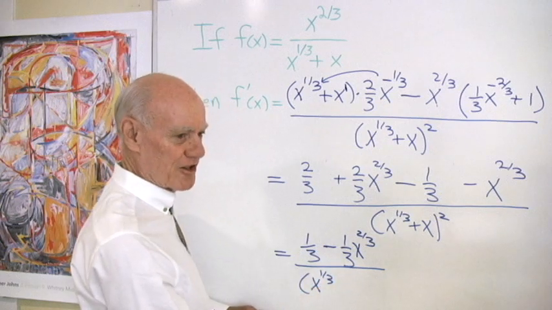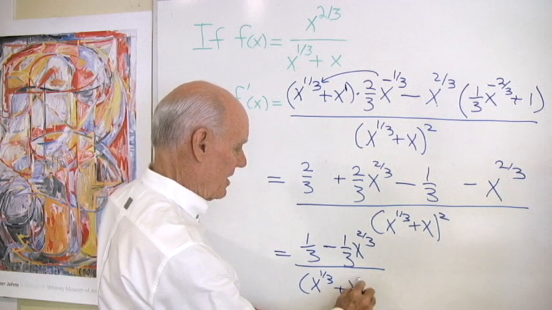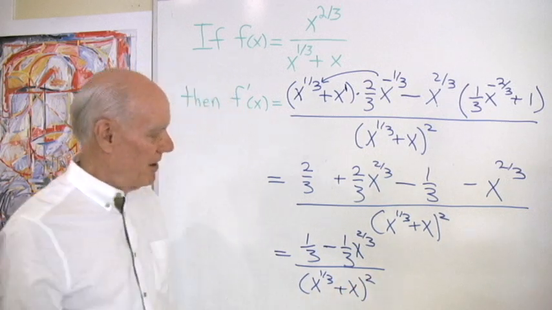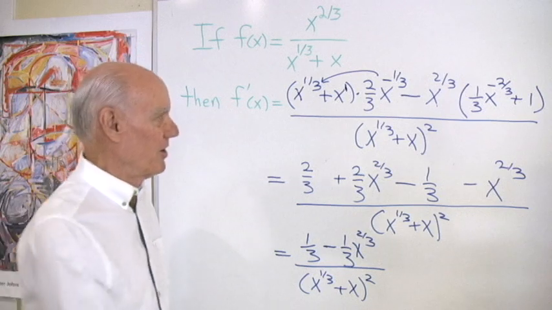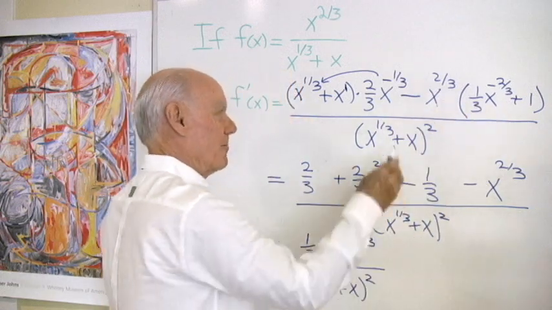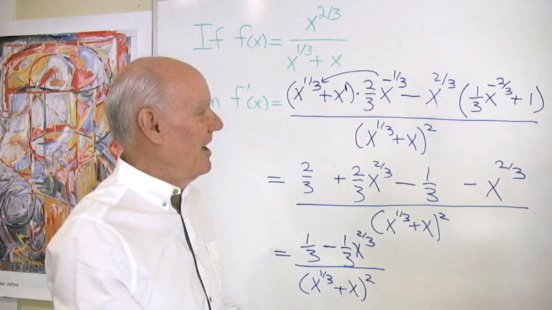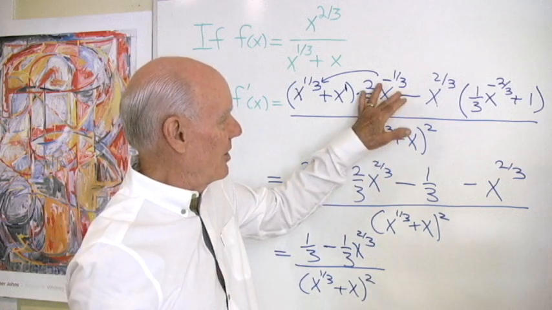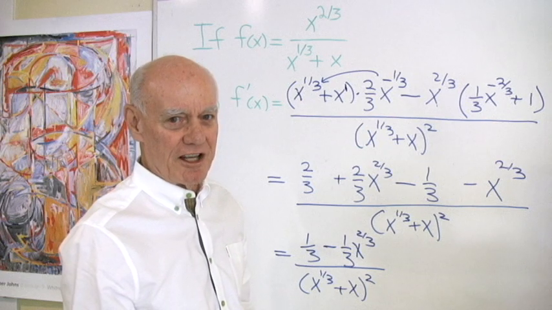Is that staying on the screen? Yes. Plus x, to the second power. So, boy, that's simplified very quickly just by multiplying this out. So why did I decide to do that? Because I looked at the part of this expression that I liked the least and just asked myself, how could I change these exponents to positive numbers instead of negative numbers?